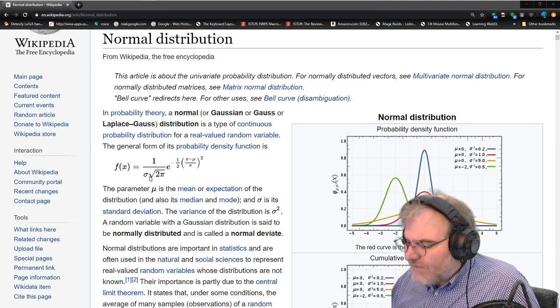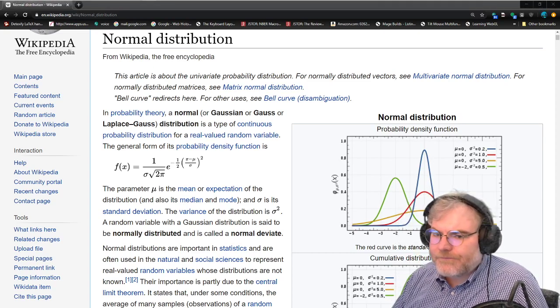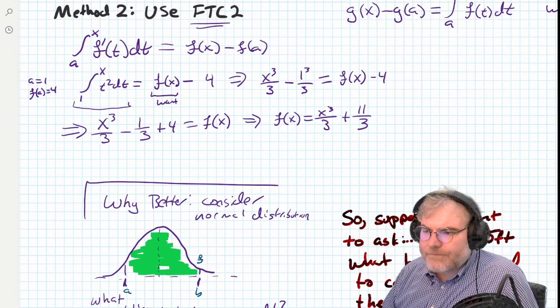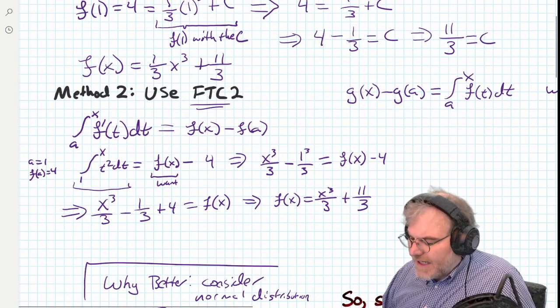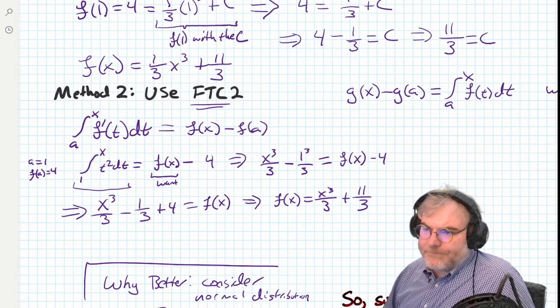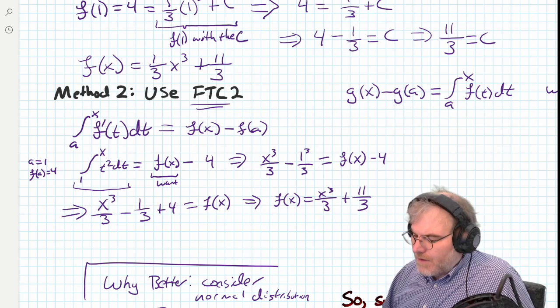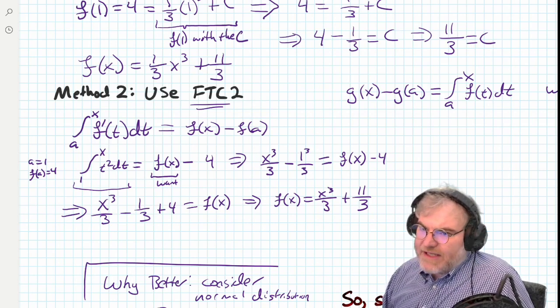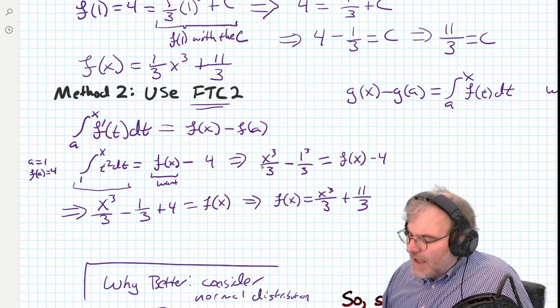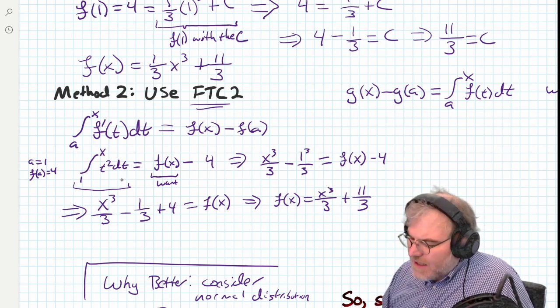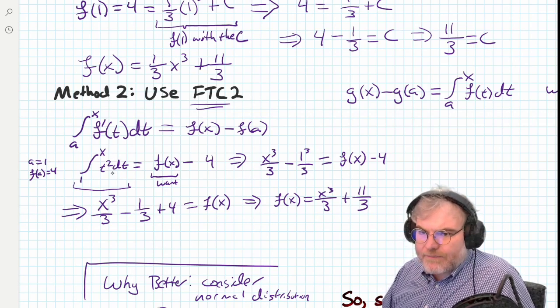Which means that if I come back here, suppose this thing is horrible, but I can get an estimate of it. I'm not going to use FTC to do this. I'm going to get an actual number here.